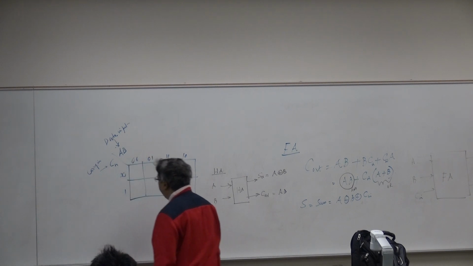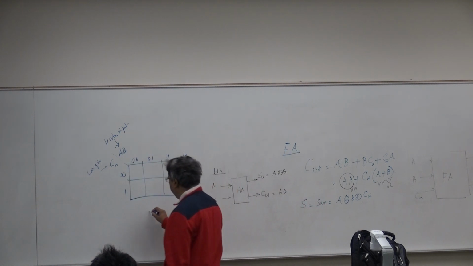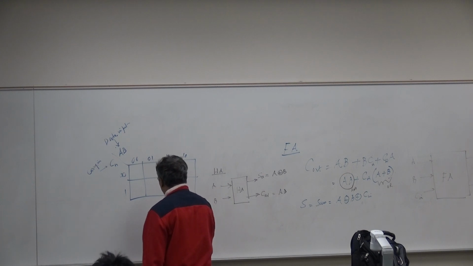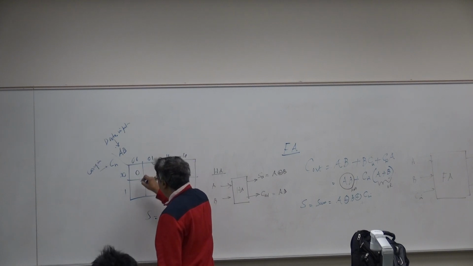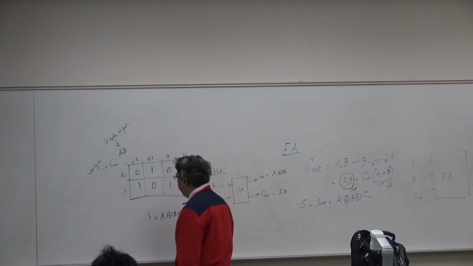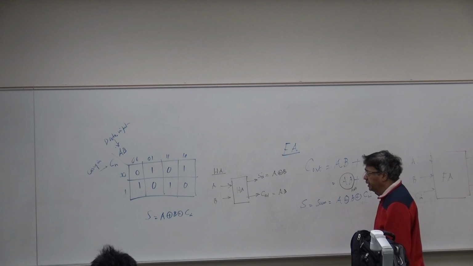So if you see the function sum, A exclusive or B exclusive or C in is 0 here, 1 here, 1 here, 0 here, 0 here, 1 here, 1 here, 0 here. So that's why it's called checkerboard pattern.